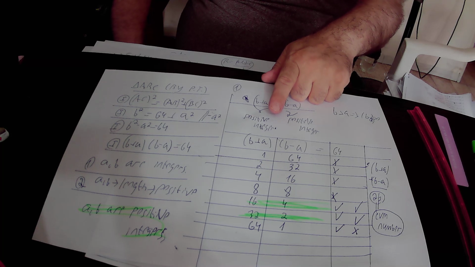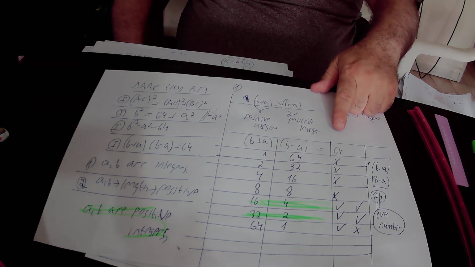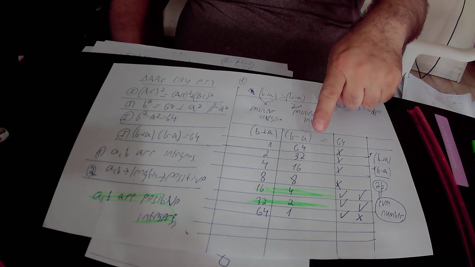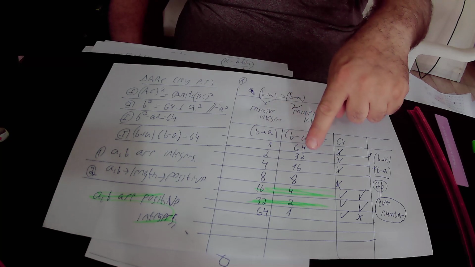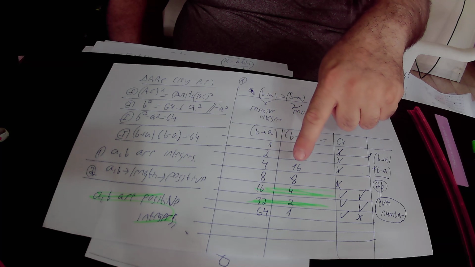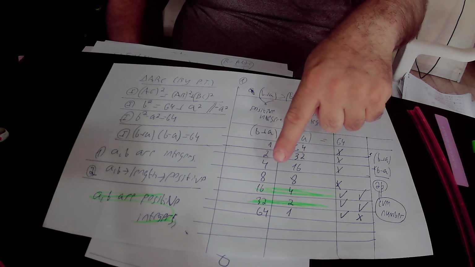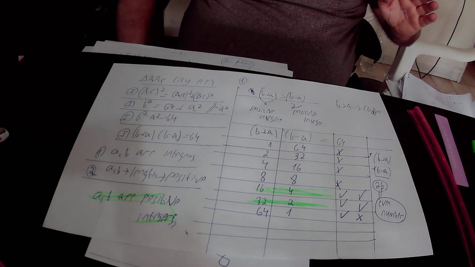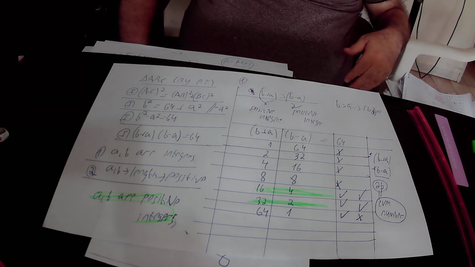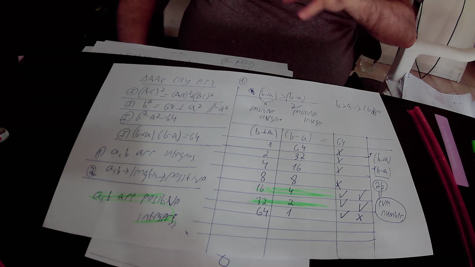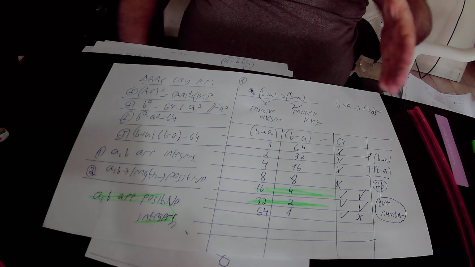The first is 1 and 64, the second is 2 and 32, the third is 4 and 16, the fourth is 8 and 8, the fifth is 16 and 4, the sixth is 32 and 2, and the last one is 64 and 1. Those are the only possibilities that the multiplication of two positive integers gives us 64.